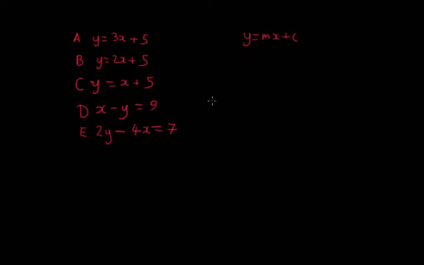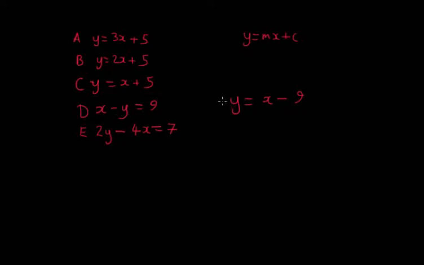D can be rewritten as y equals x minus 9. So what we've done here is we've moved the y over to here, so added y to each side, so that makes y on this side, and then we've taken 9 away from here and 9 on this side.